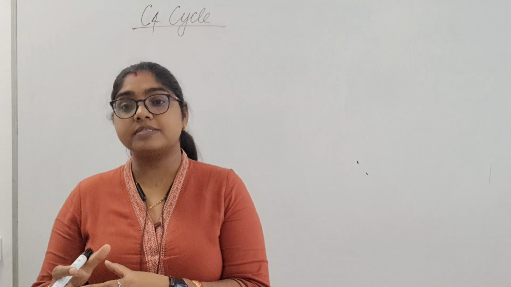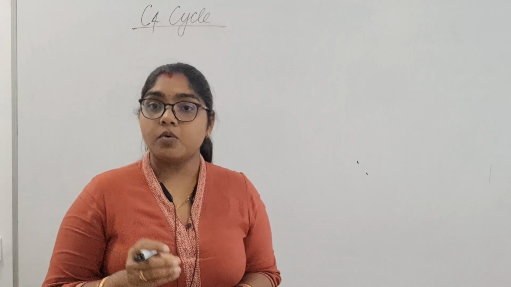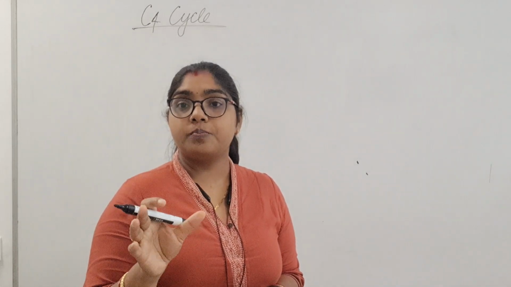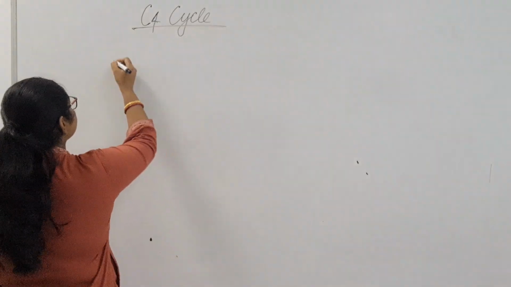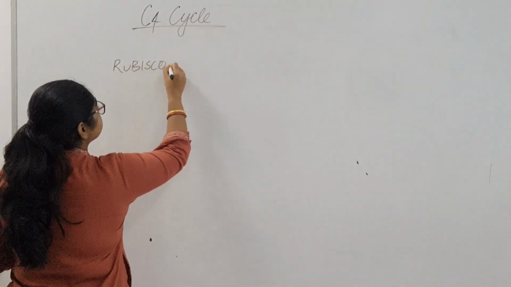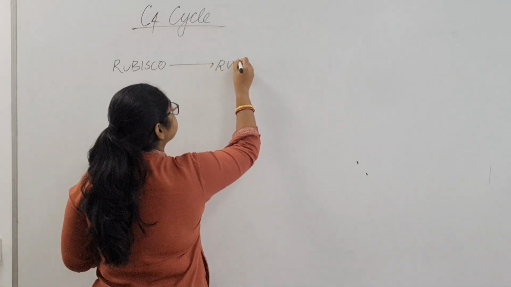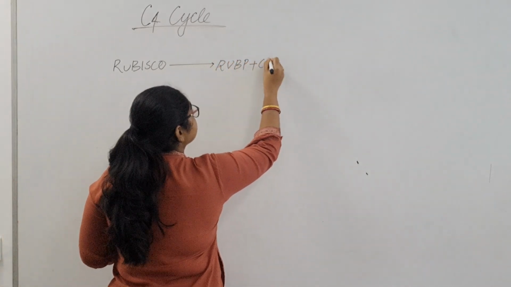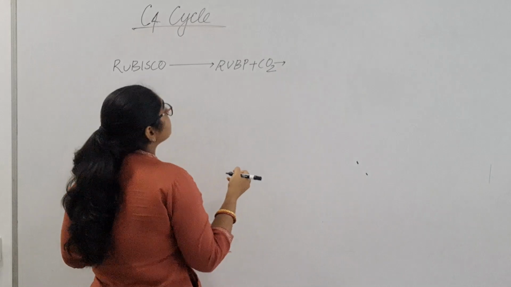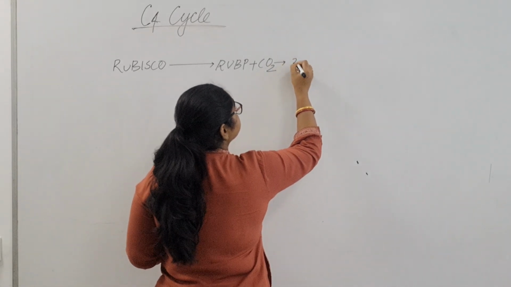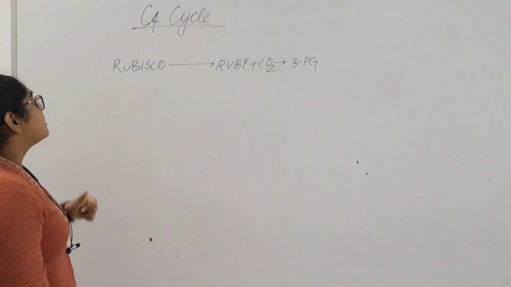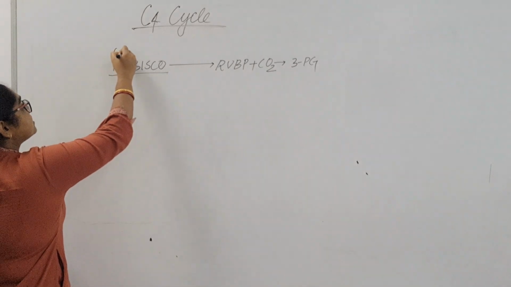A number of enzymes are involved in this whole process, but the most essential enzyme required for the carboxylation process is RuBisCO. In the C3 cycle the most important enzyme is RuBisCO, which carboxylates ribulose 1,5-bisphosphate and carbon dioxide to produce the first stable product of the Calvin cycle, 3-phosphoglycerate.